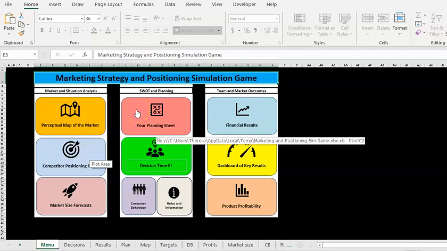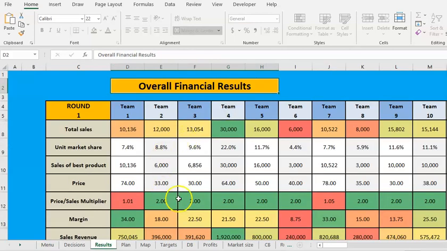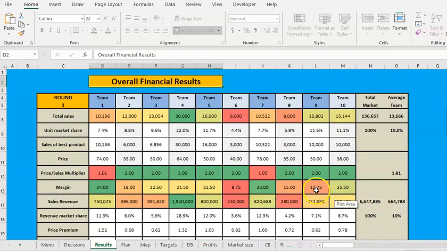Okay. Going forward, we'll use the planning sheet, but I'll just show you the financial outcomes and the charts that are being produced. So this is round 1, just making that a bit smaller again. So this is produced every round. So this is total sales numbers. Then we've got unit share, the sales of our best product.